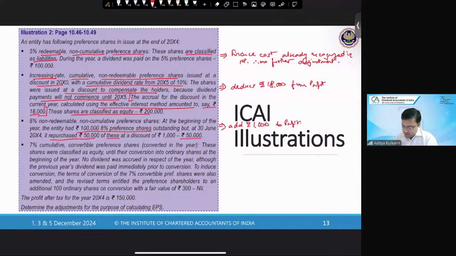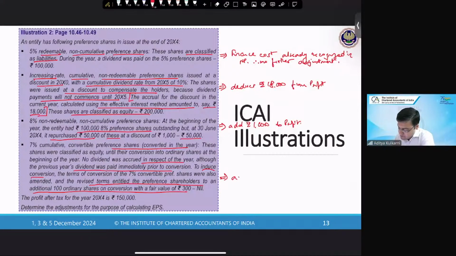7% cumulative convertible preference shares converted in the year. These shares were classified as equity until their conversion into ordinary shares at the beginning of the year. No dividend was accrued in respect of the year, although previous year's dividend was immediately paid prior to conversion. To induce conversion, the terms of conversion of the 7% convertible preference shares were also amended. The revised terms entitled the preference shareholders to an additional 100 ordinary shares on conversion with a fair value of rupees 300.